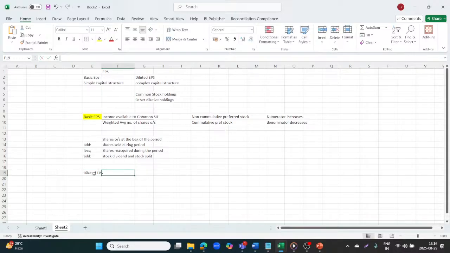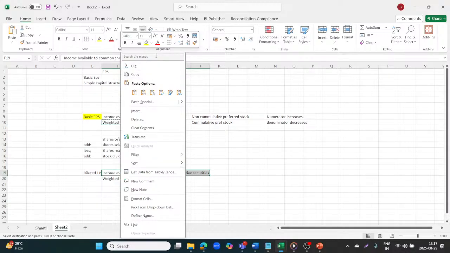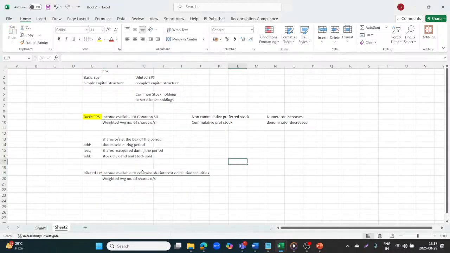In this case, income available to common shareholders, we'll add here interest on diluted securities, and it will be divided by the weighted average number of outstanding common shares. So this is your formula.